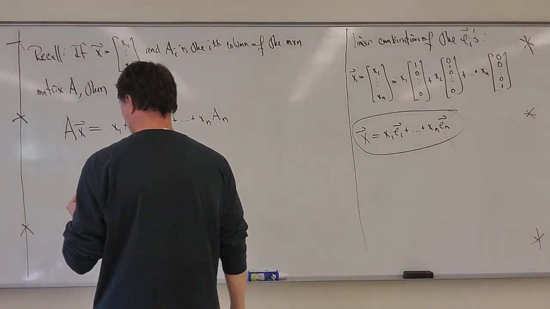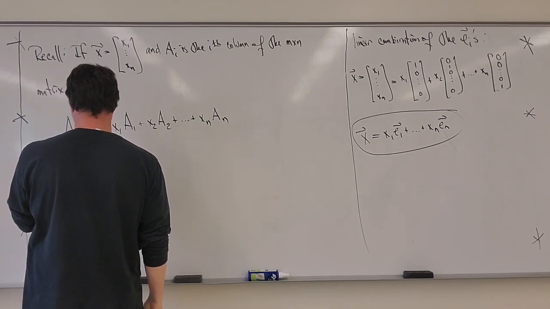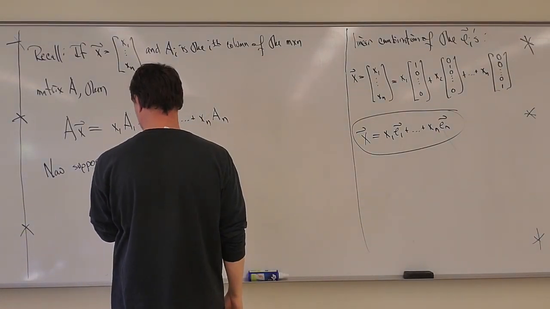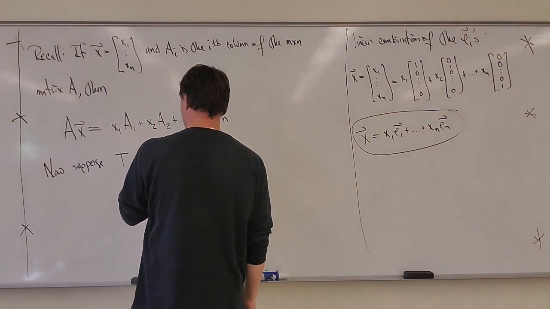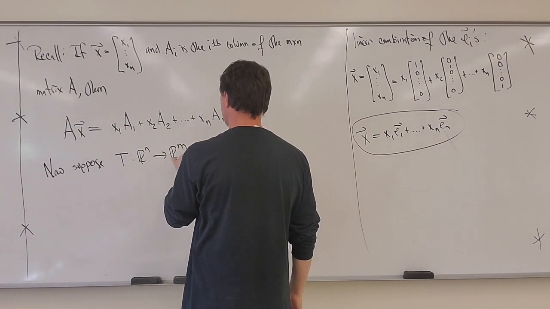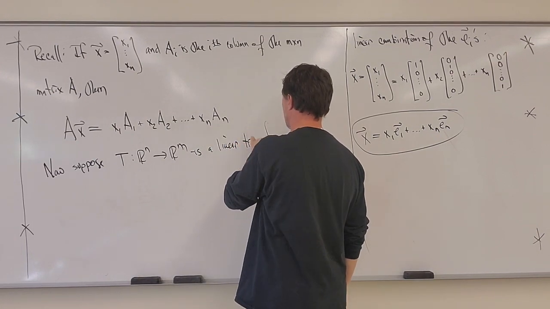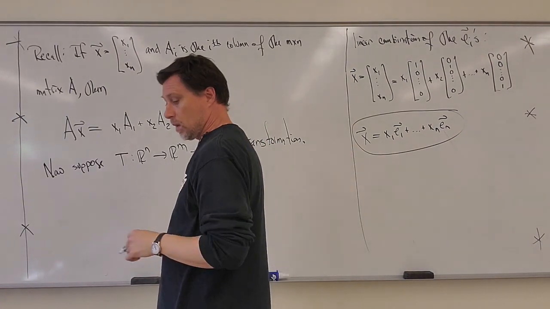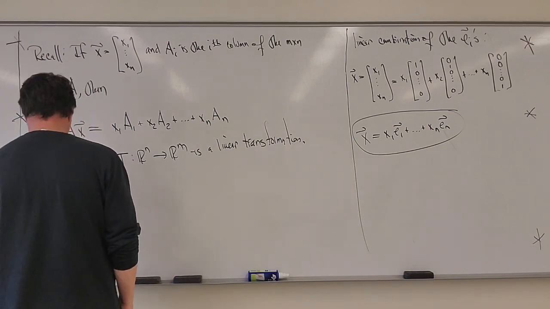Now suppose we have capital T, a linear transformation from Rn to Rm. And I want to define a certain matrix.